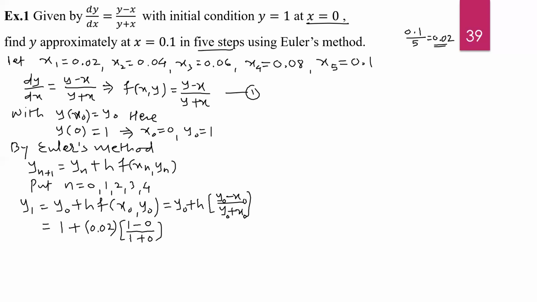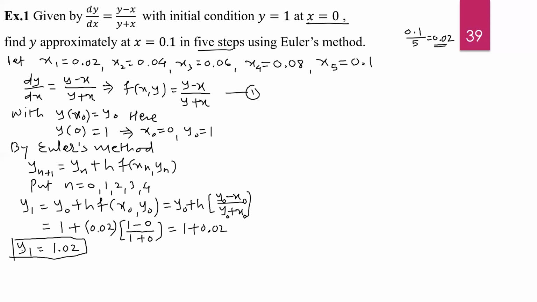So 1 minus 0 divided by 1 plus 0, that is 1 upon 1 is 1, into 0.02, so that we get the value of y1. The value of y1 is 1 plus 0.02, that is 1.02. This is the value of y1.